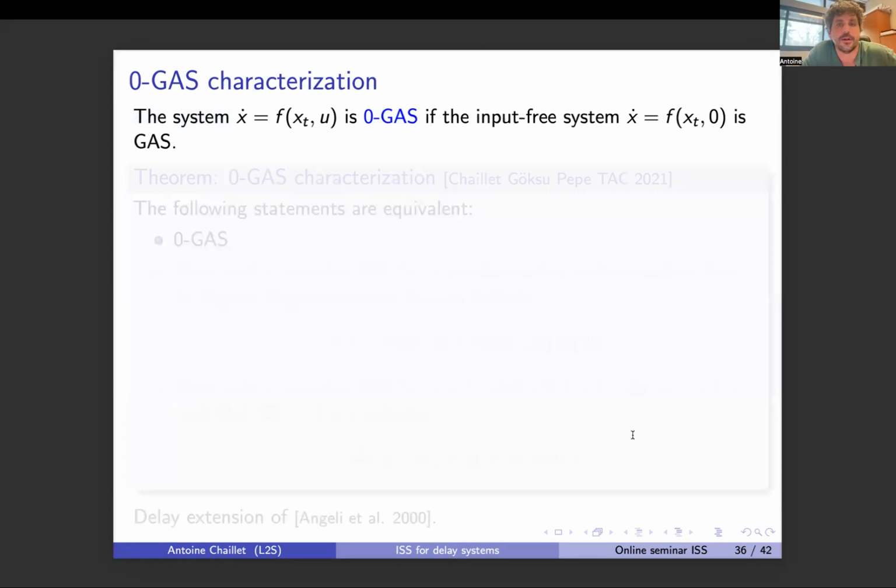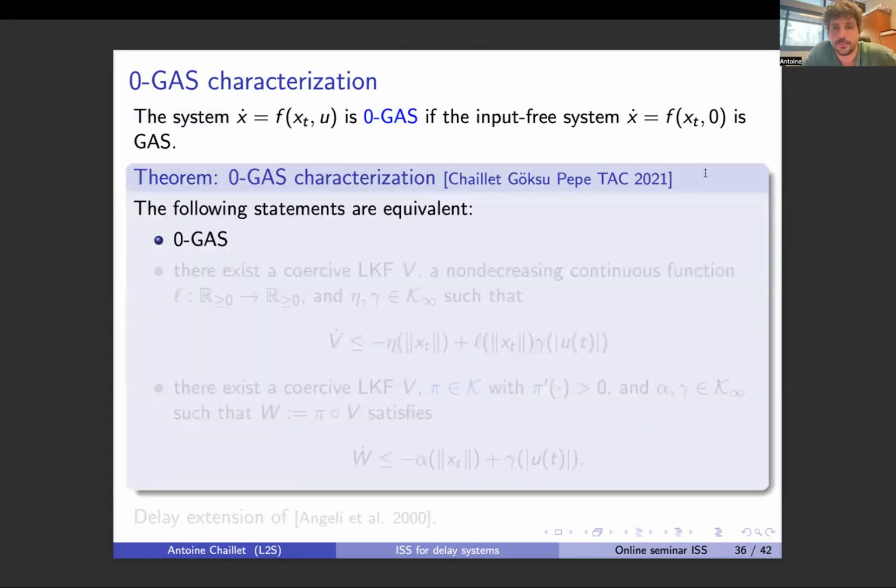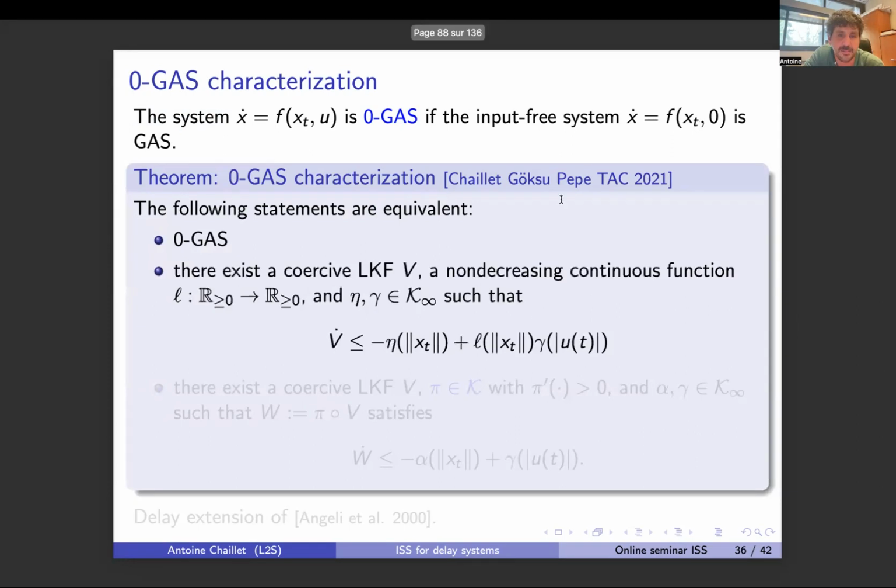Okay, so zero GAS, I already used the statement, but it means that the input-free system is GAS. I had this characterization also valid for time delay systems: if the system is zero GAS, it's the same as having a Lyapunov-Krasovskii functional, which is coercive, which dissipates in terms of the whole history norm, but modulo an input term that is multiplied by xt.